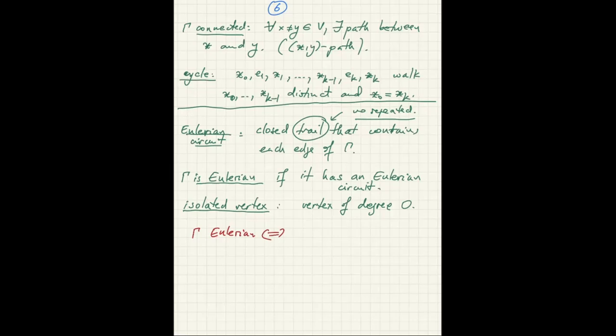So if gamma is Eulerian, then gamma union any isolated vertices is also Eulerian. So if you have any isolated vertices, you can just remove them and look at the graph that is left, and check if that graph is Eulerian or not. So with that in mind, let's state this theorem.